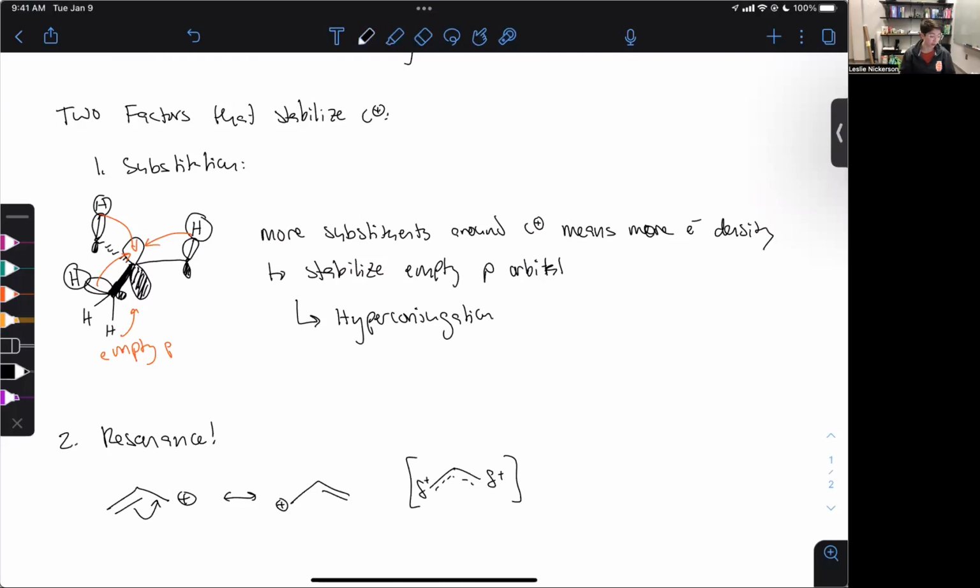That's going to be a very, very strong effect, because as we've talked about, with that delocalization the charge is spread around, so each carbon doesn't have to take such a big load of it.